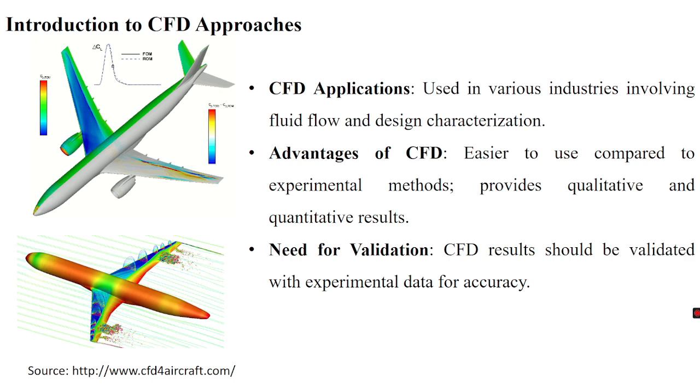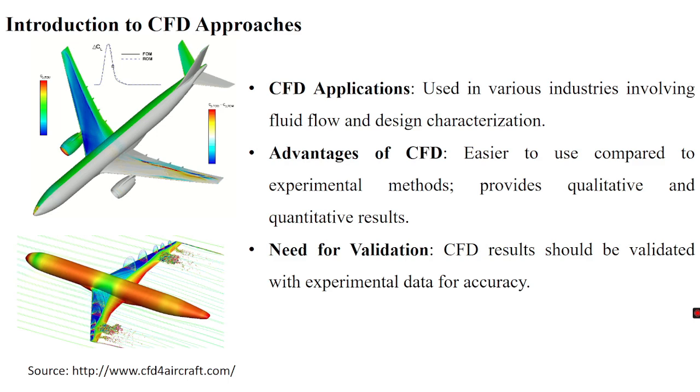Now, what results are we getting from the simulation? Maybe qualitative results. This refers to visualizations such as contours or streamlines that show how the flow behaves in different regions. On the other hand, quantitative results give us numerical data like pressure distribution along a specific line, or coefficient of lift, or coefficient of drag at various locations.